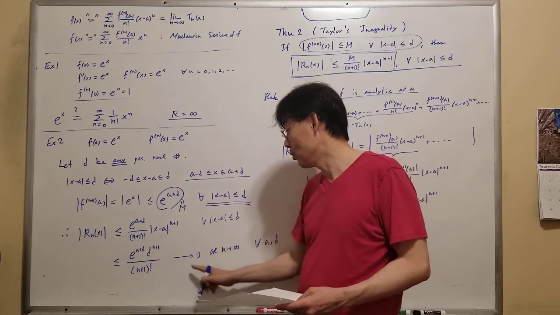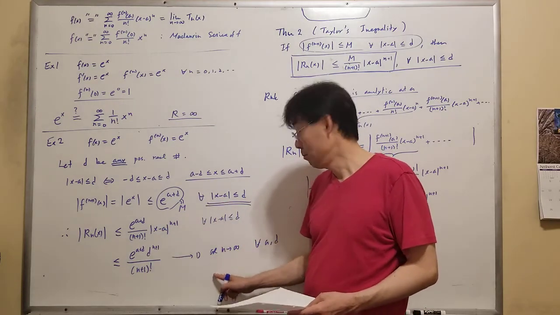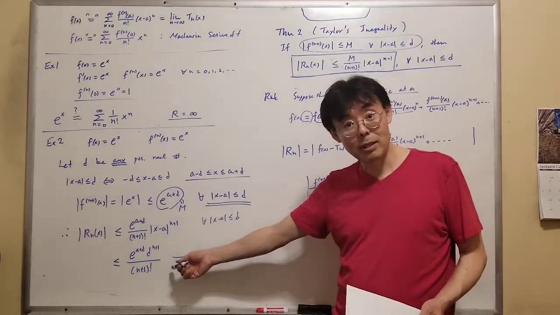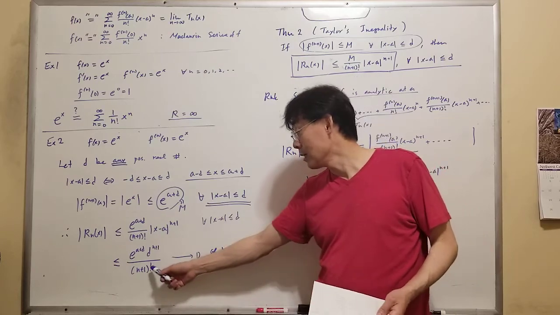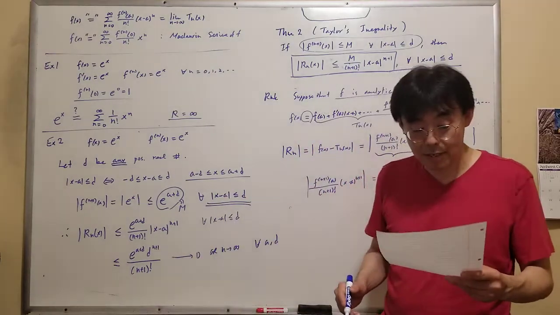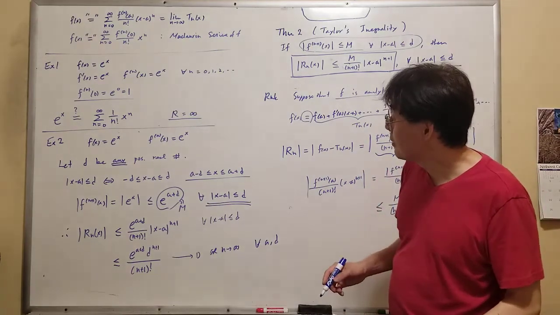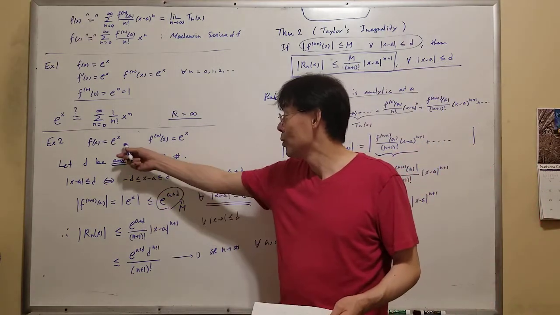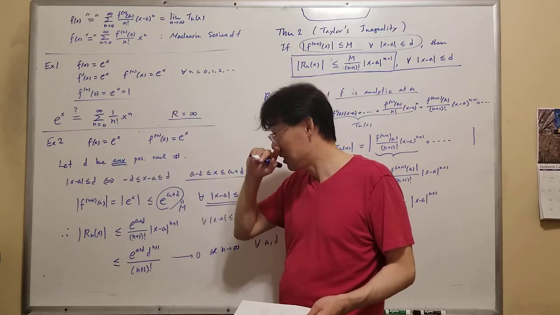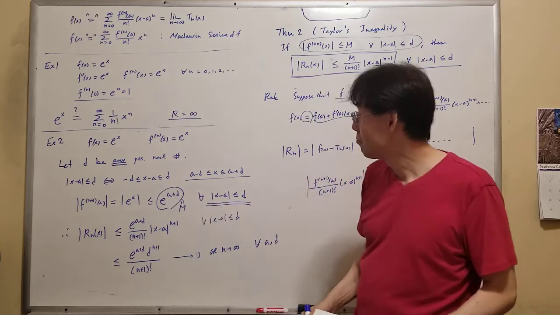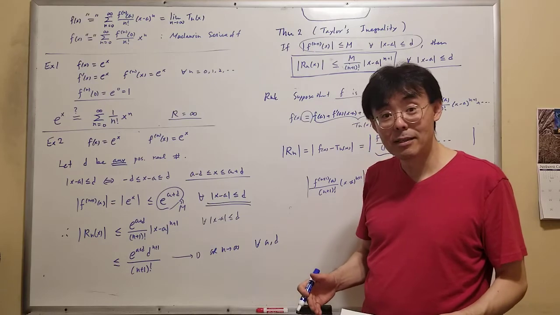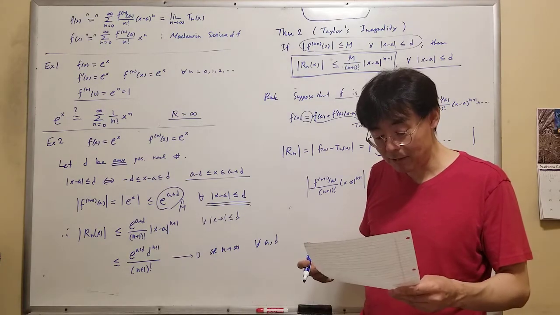Your Rn of x goes to 0. But you can choose d as large as you want. Still it is the same argument. Maybe it takes larger n, more terms to converge, but it still goes to 0. So that means this one converges to e to the x. Your Taylor series converges to e to the x for all real numbers. The radius of convergence is infinite.